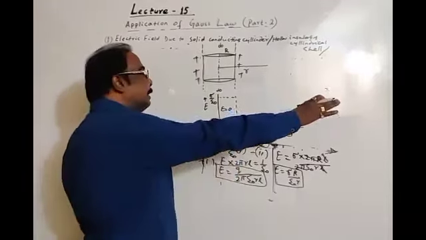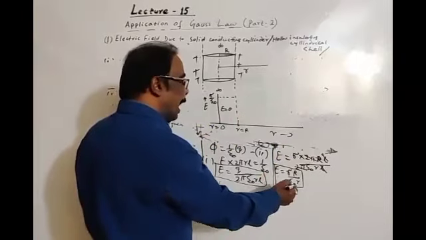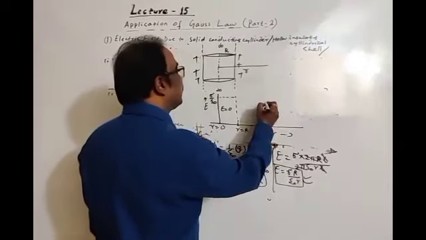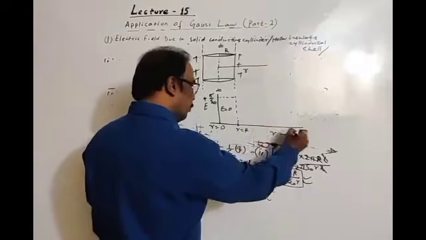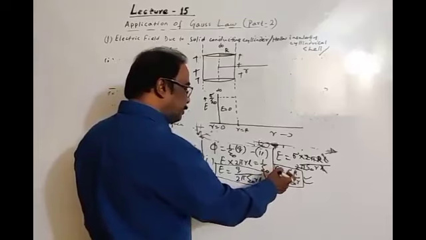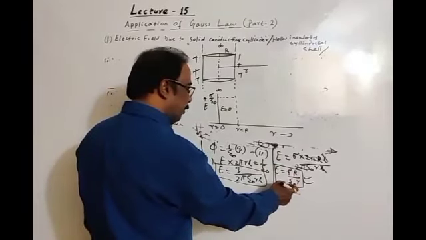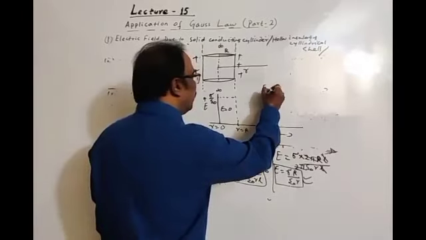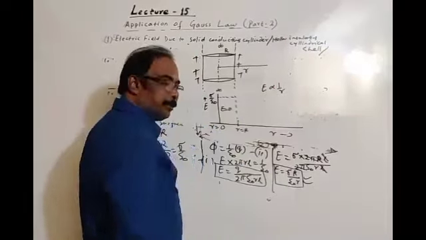But outside the surface, if r is greater than capital R, onwards from r equal to R, then electric field is sigma R divided by epsilon naught r. This shows that electric field is inversely proportional to distance.